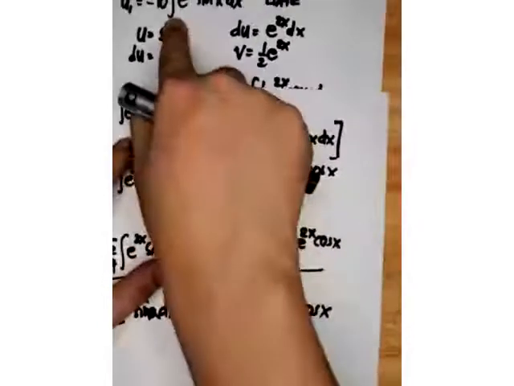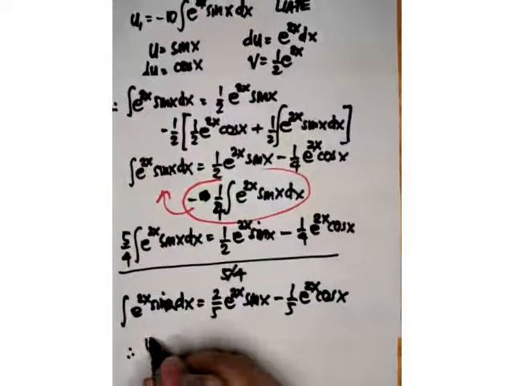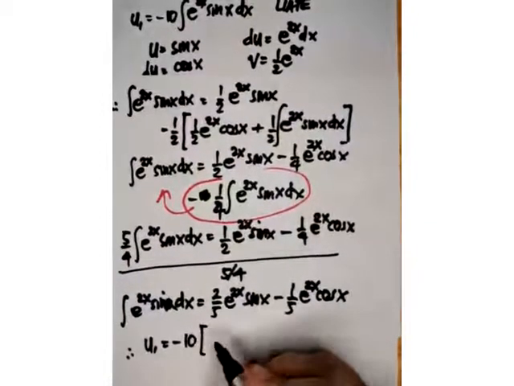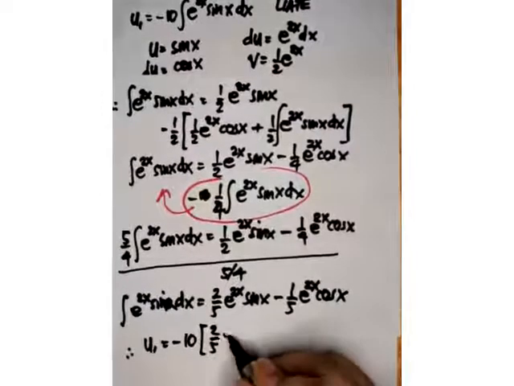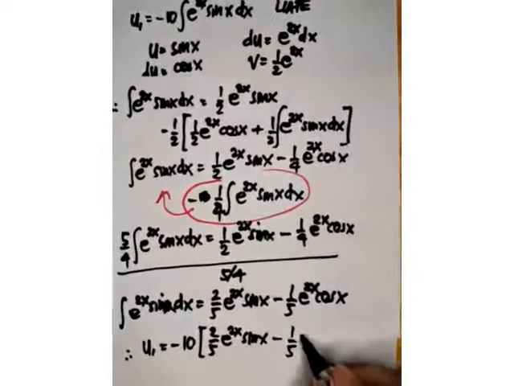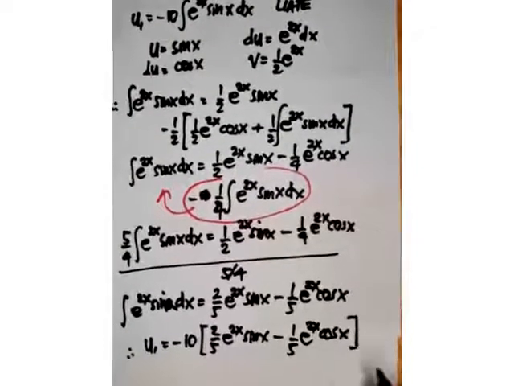Now we substitute it back. Therefore, our U1 is equal to negative 10 times 2/5 e raised to 2x sine x minus 1/5 e raised to 2x cosine x.